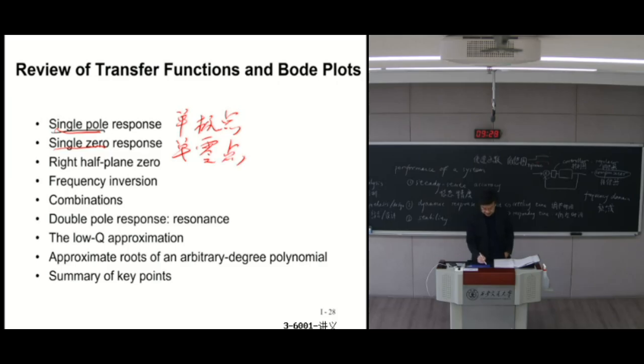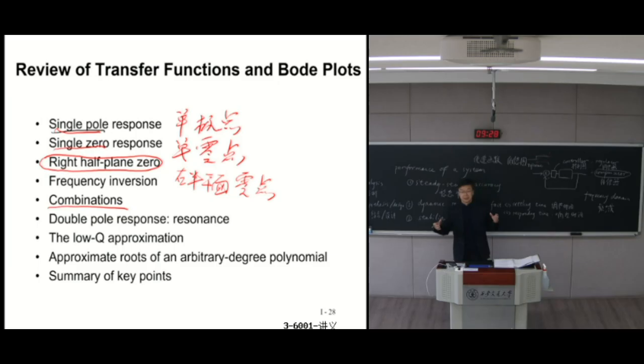There is also a strange transfer function we're going to discuss a little bit, which is the right half plane zero. I'd like to also discuss combinations: when you have several transfer functions combined together, how to get the overall transfer function and overall Bode plot.